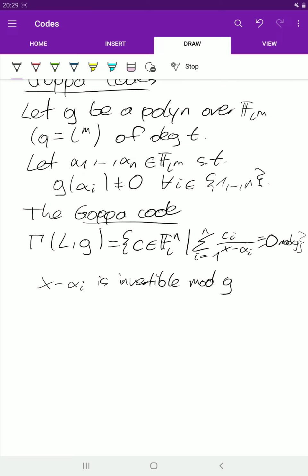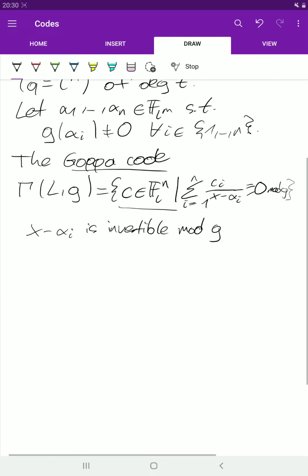Okay, and so that's why this equation makes sense, and then we get the code here with the codeword c. And that's the general setting.